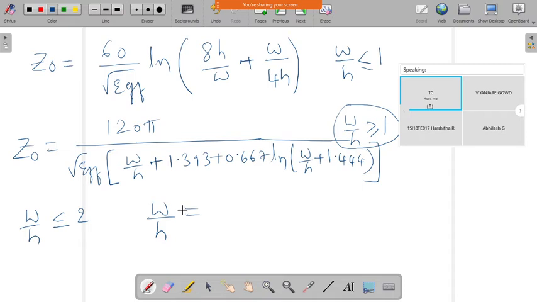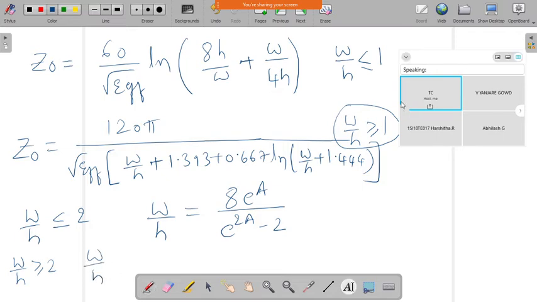First you have to find out one equation, and if it is greater than some value, then you have to use the other equation, that is 8 into e power a divided by e power 2a minus 2. So this is for w by h less than or equal to 2, and if w by h is greater than or equal to 2, then you have to use the other equation to find out w by h.